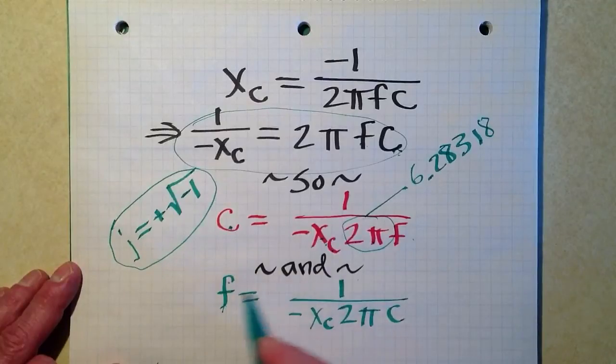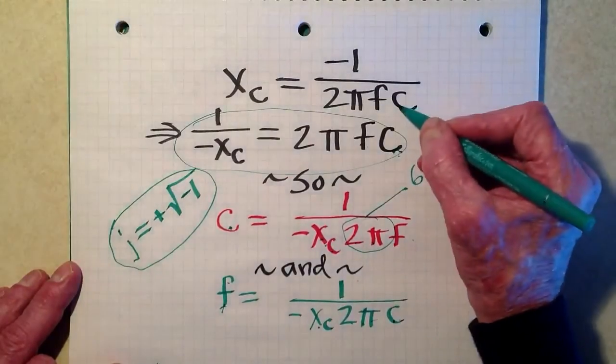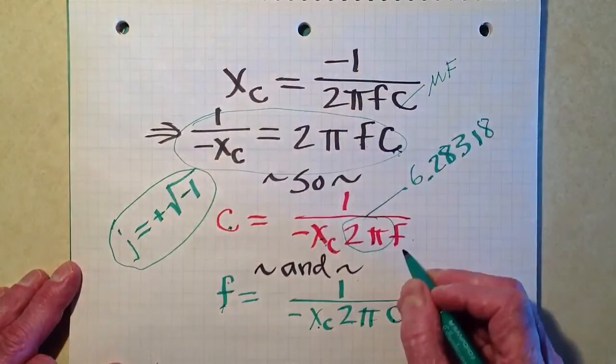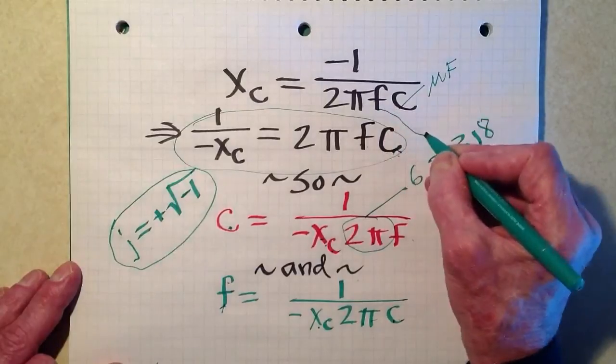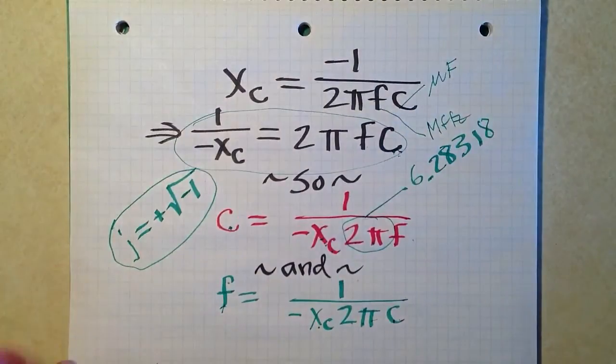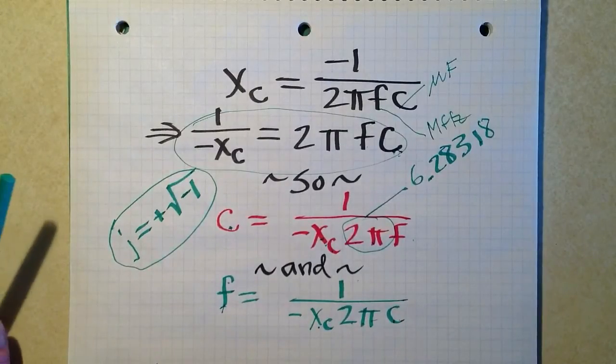Or we can also find the frequency in hertz based on the capacitive reactance in ohms times 2 pi times the capacitance in farads. These formulas will also work for capacitance in microfarads and for frequencies in megahertz, which is a lot more commonly used in radio frequency applications.